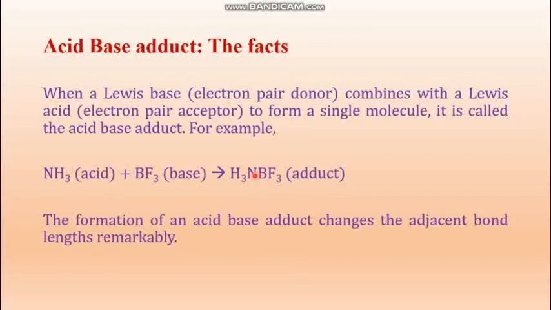The nitrogen is partially positively charged while boron is partially negatively charged. Now after formation of this bond, there is a change in the adjacent bond lengths. That means there is boron and fluorine, so the bond length between boron and fluorine changes.